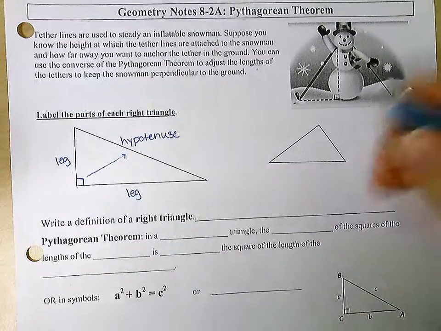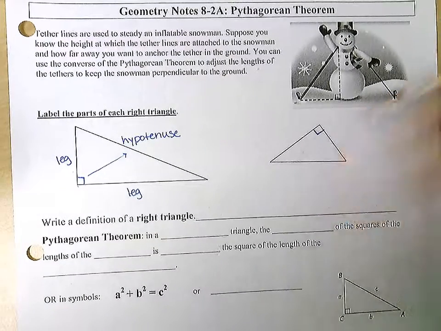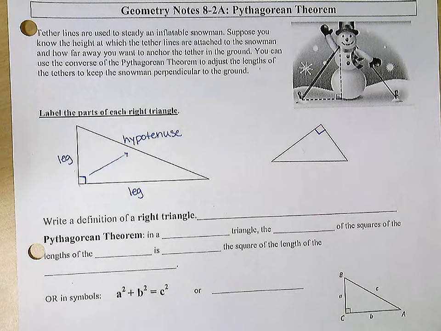Okay, one more example here. If I label this angle as my 90-degree angle, label the sides of that triangle. Find the hypotenuse, label your other two sides.